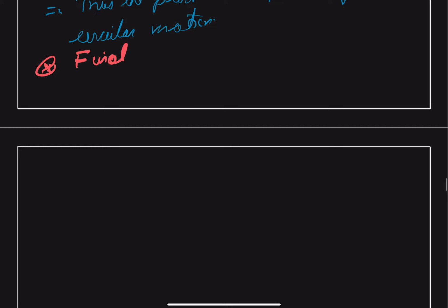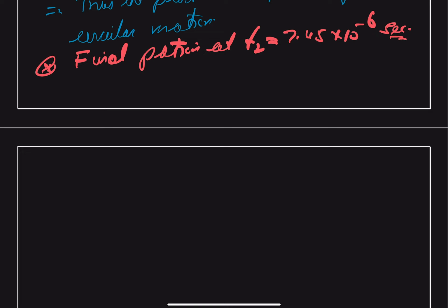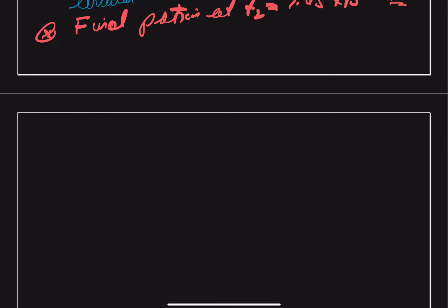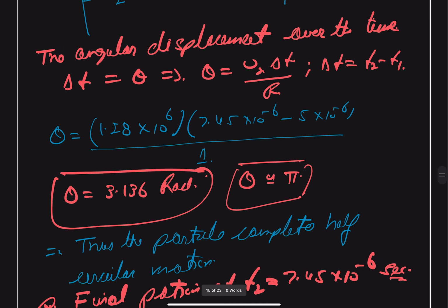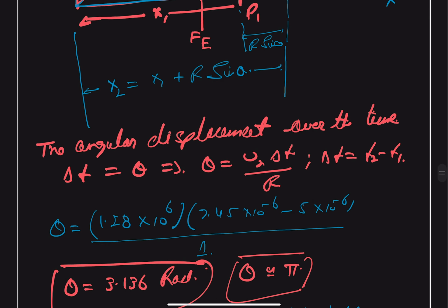Final position at t2, which is 7.45 into 10 to the power minus 6 seconds. We just wrote the formula, so this is our x2 and this is our x1.